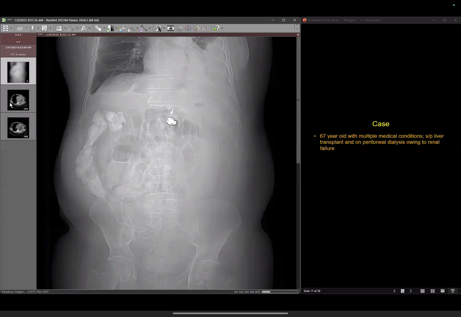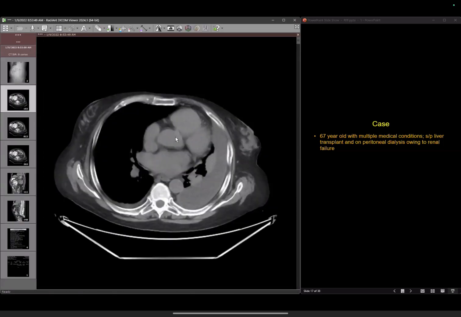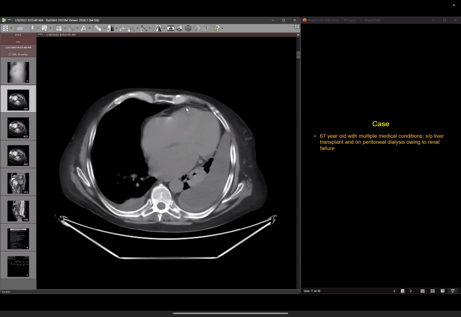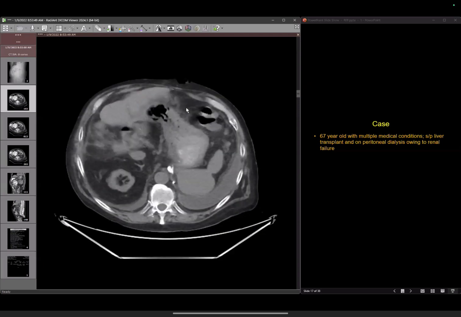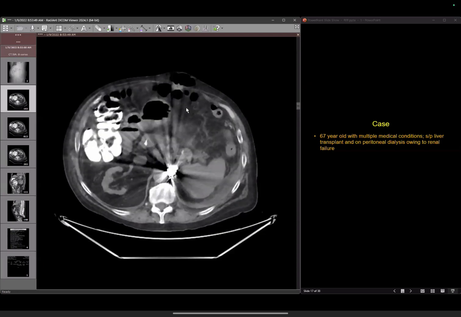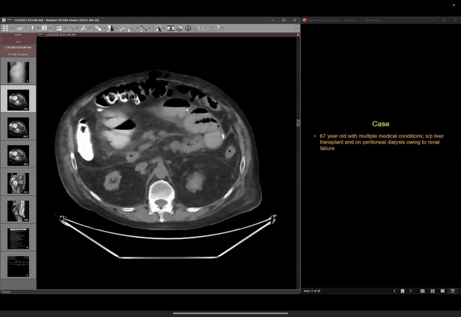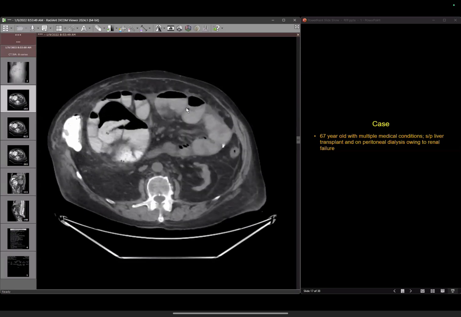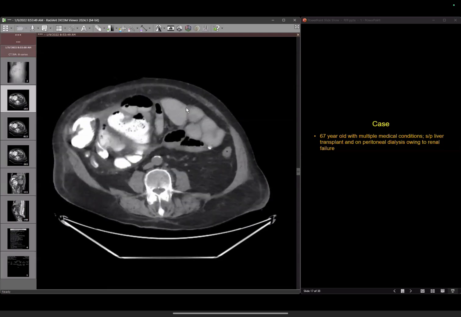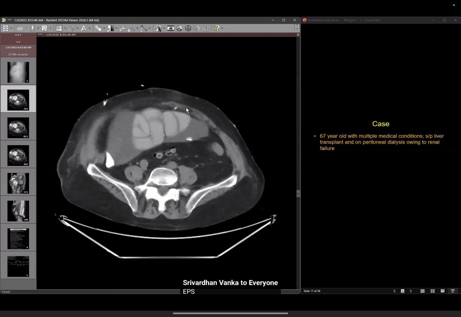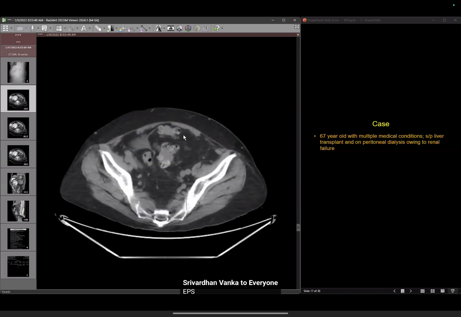Okay, so here is the CT. Now obviously it's done as a non-contrast exam because of renal issues, but let's look at the axial. Now I'll go back up and you can tell me.